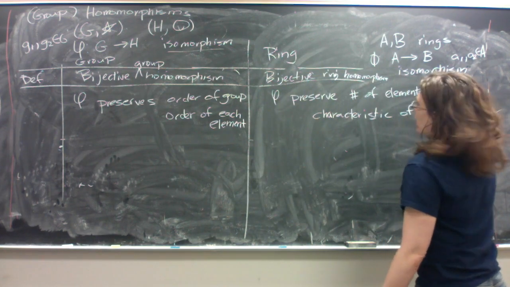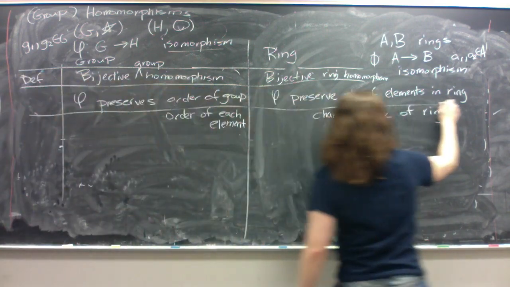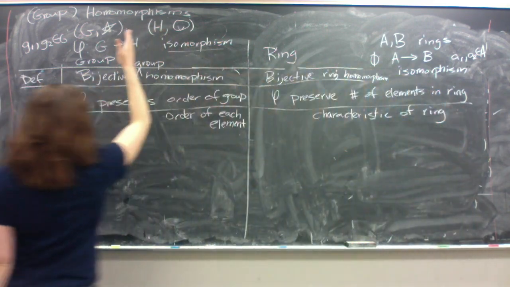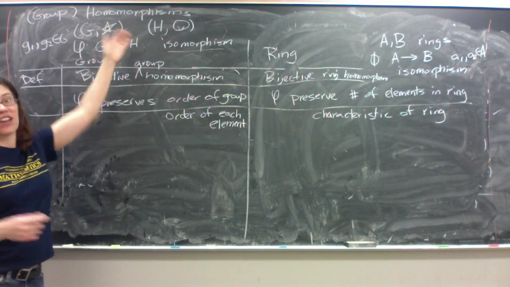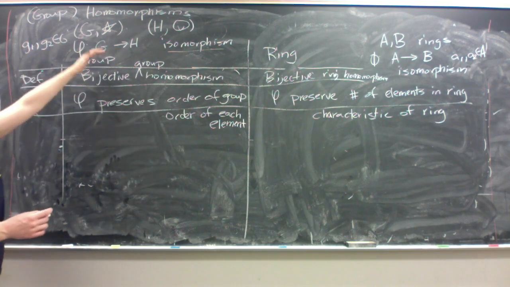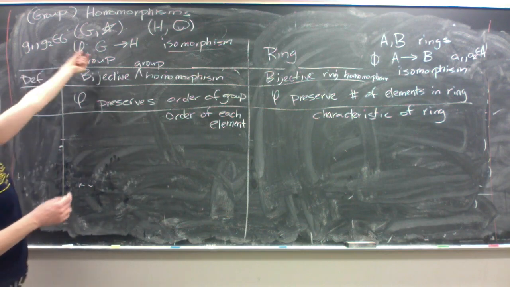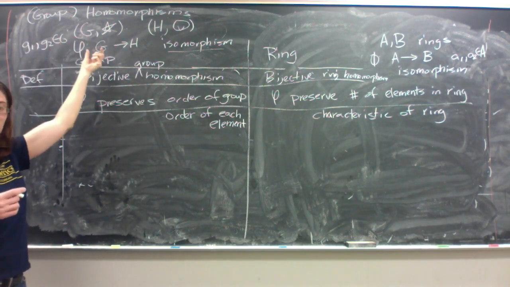And by the way, I should highlight what I mean by preserves the order of the group. If phi is an isomorphism from G to H, phi is said to preserve the order of the group if G and H have the same order. Likewise, phi preserves the order of an element if I take an element of G and map it under phi, it has the same order.